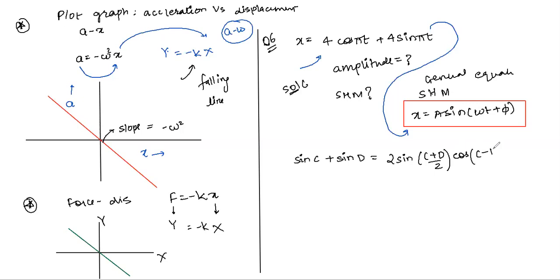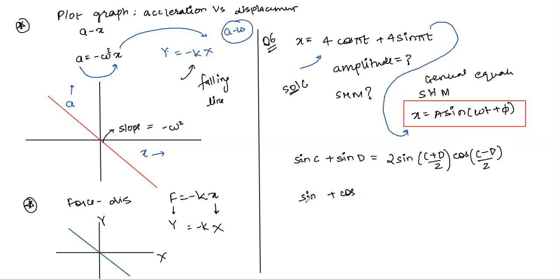Okay. Is this applicable here, by the way? No, right? Okay, what about sine and cos? Did we have any formula for sine C and cos D, or sine A plus cos B also? No, sir.